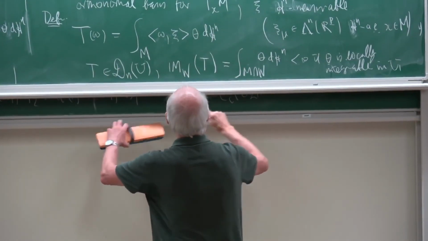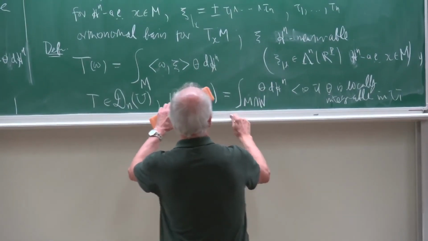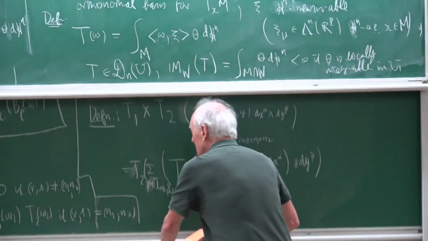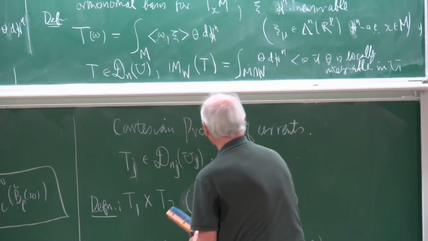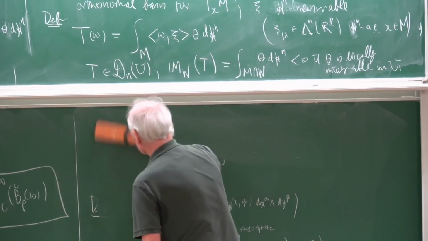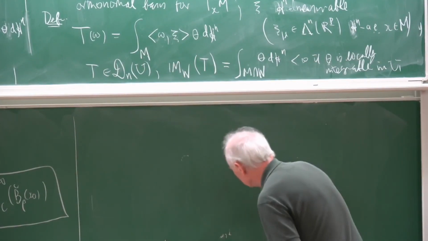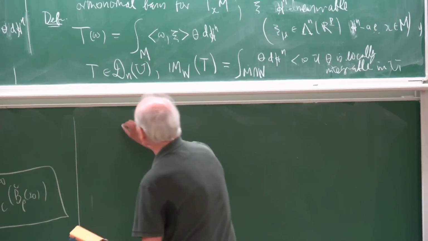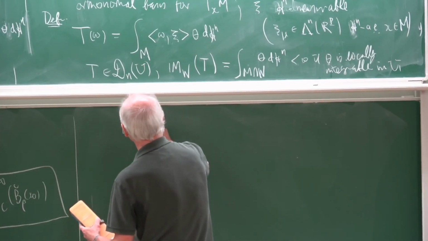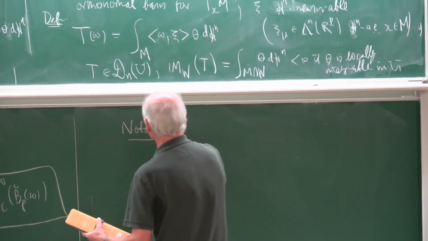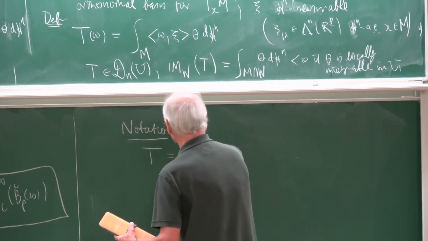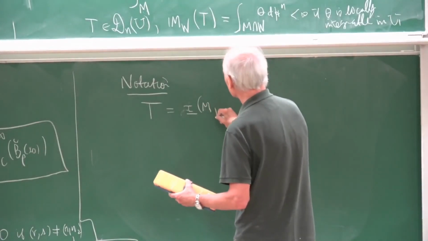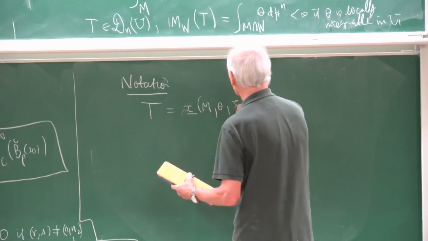So we use the notation T equals tau(M, theta, xi).